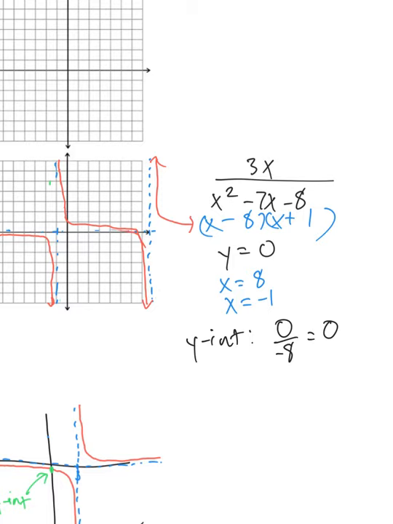So if I fix this red line a little, to mirror what it's supposed to be, it should cross at 0 here. I'm going to guess my x-intercept is 0, and we can confirm that because we take our numerator for our x-intercept and set that equal to 0. 3x equals 0, so x has to equal 0 for our x-intercept.